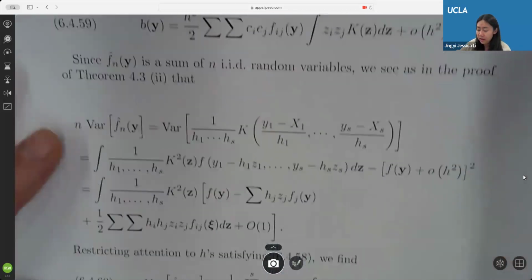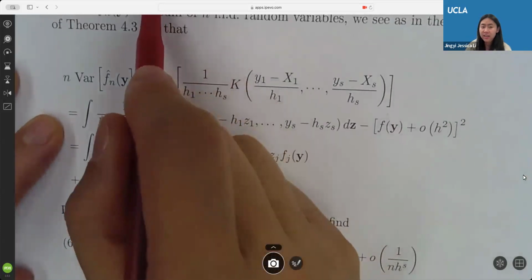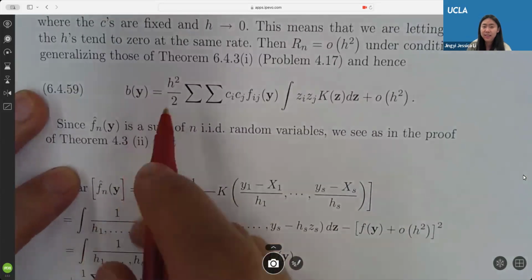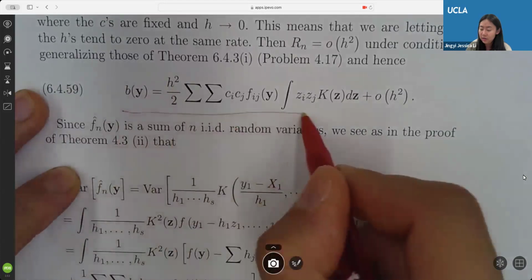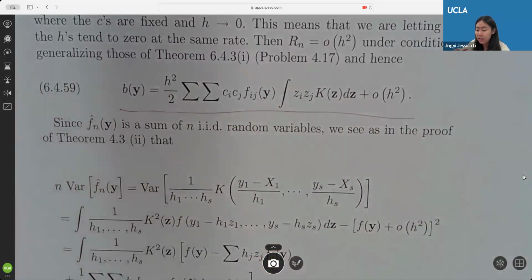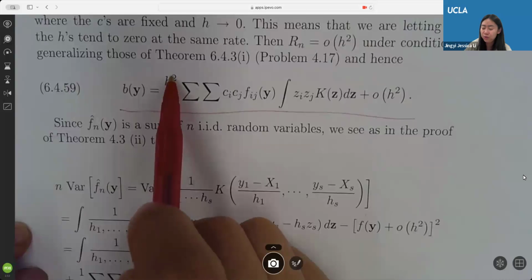This is our bias. The bias is in this form, and the c's are just some relationship we specified about the bandwidth. Remember, we previously had h to the fourth.